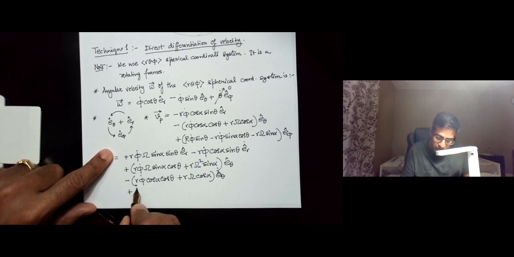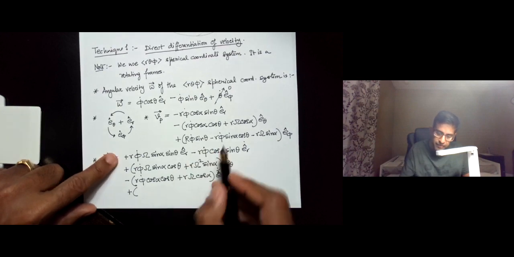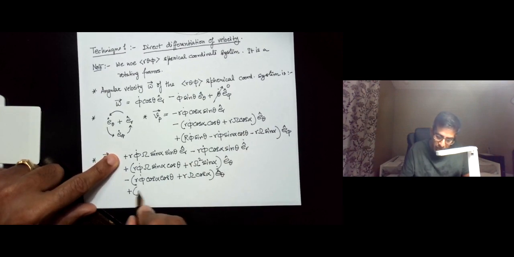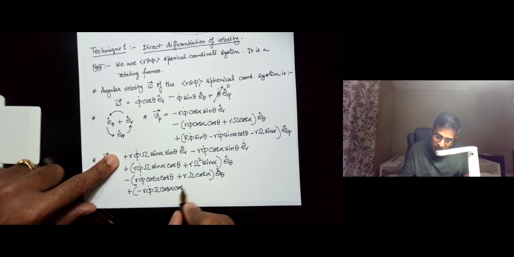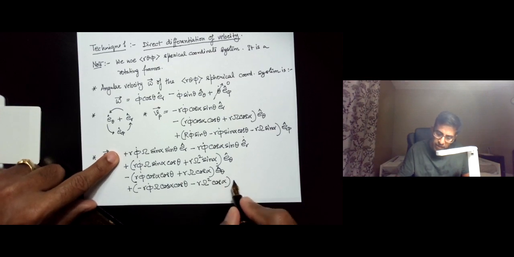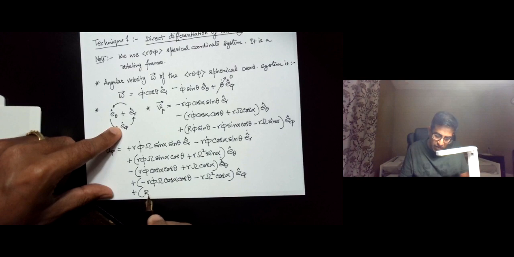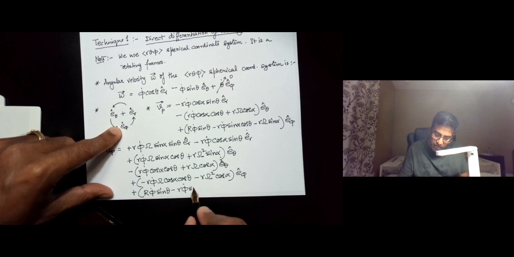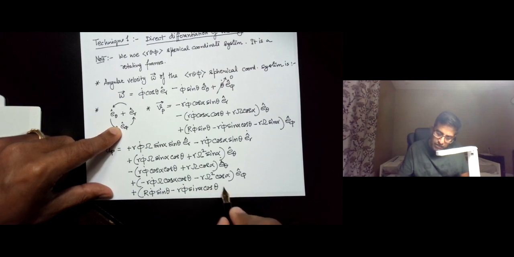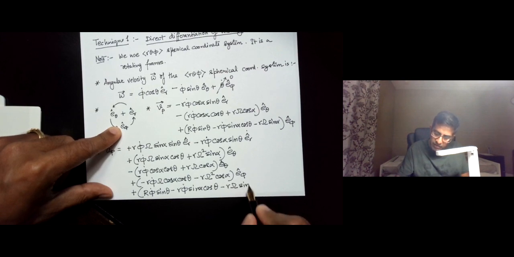So we'll have plus the derivative of this term is 0, so we have to take the derivative of this guy, which is going to be minus r phi dot capital Omega cosine alpha cosine theta and minus r capital Omega squared cosine alpha, and this will get multiplied by e phi, and then we will have r phi dot sine theta minus r phi dot sine alpha cosine theta minus r capital Omega sine alpha e phi dot.